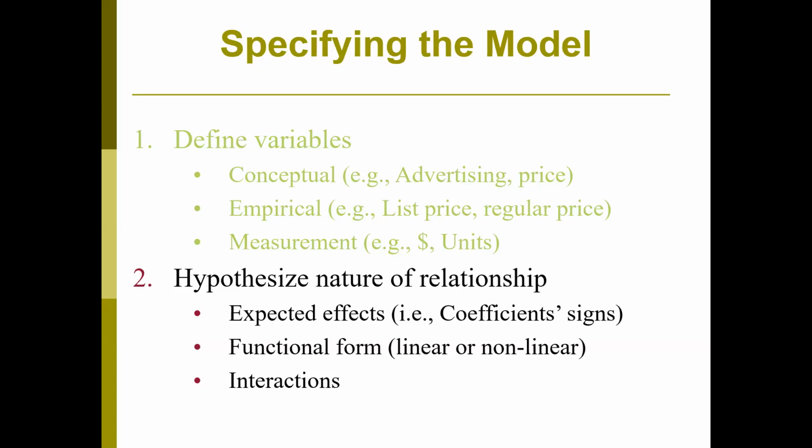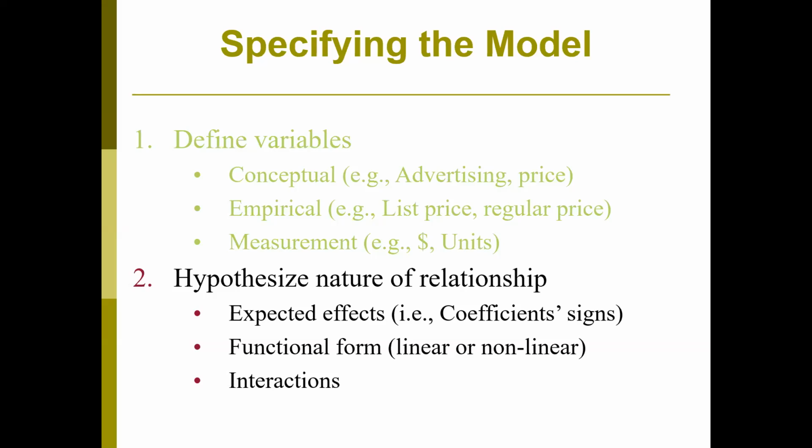We need to specify a good functional form of the relationship. If it is not linear and you specify linear, then that is not going to be good. And like I said, I'm going to walk you through how to specify a good functional form of relationship. That really matters a lot.